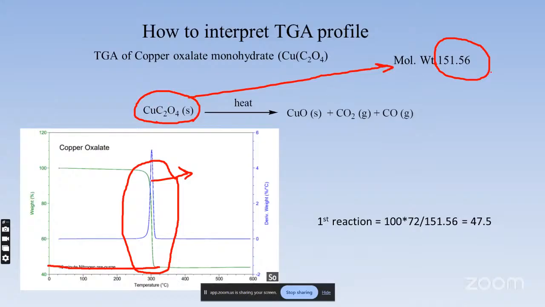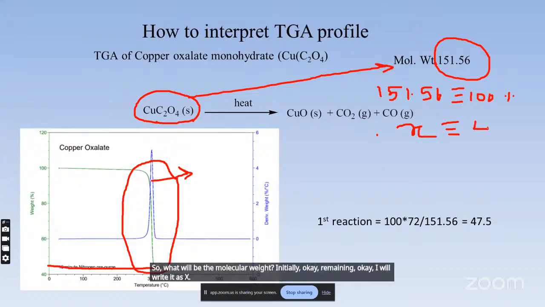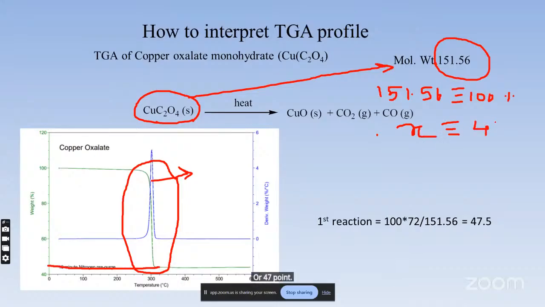So if this is the starting weight, 151.56, corresponding to 100%, what will be the molecular weight lost? I will write it as x for 47.5.